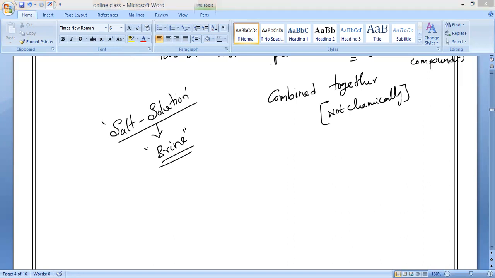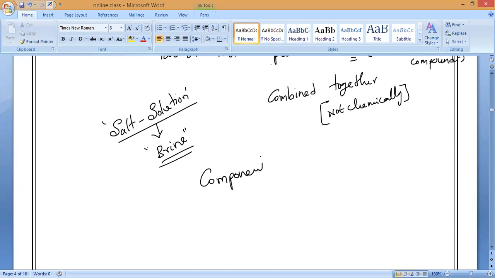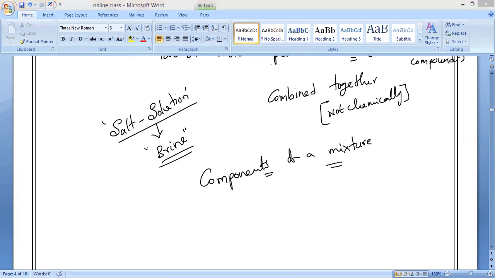So, examples of mixtures: all the solutions. The various substances present in a mixture we call the components of the mixture, or constituents of the mixture. We studied this last class. If we take a sugar solution, what are the components? Sugar and water.